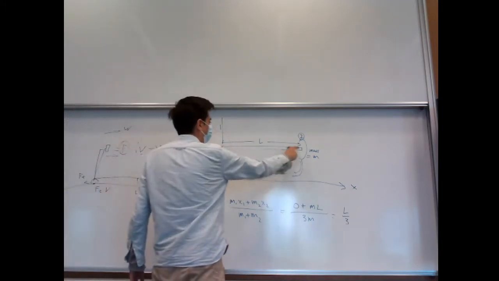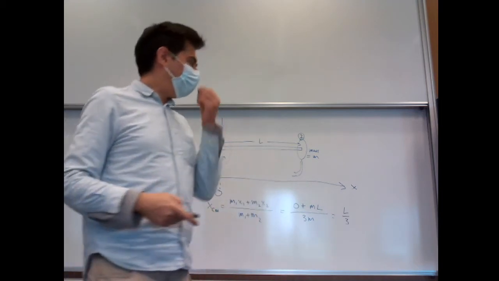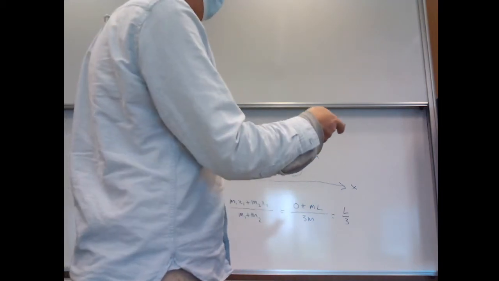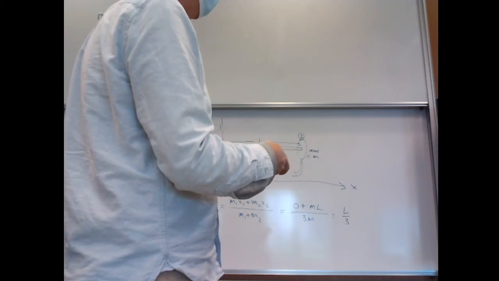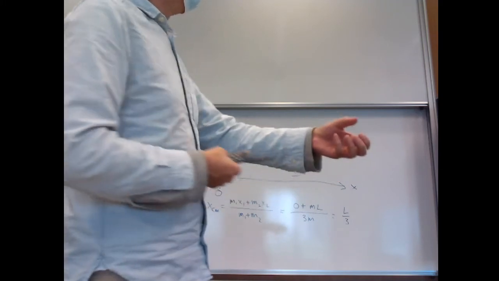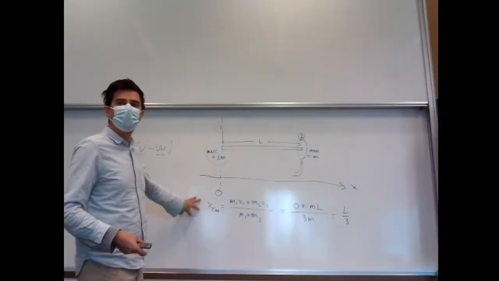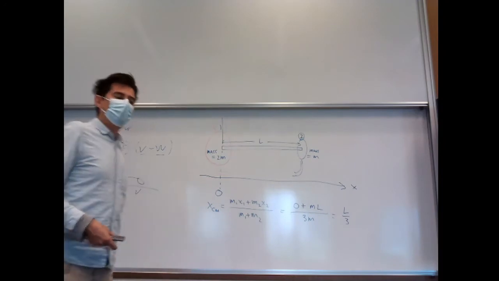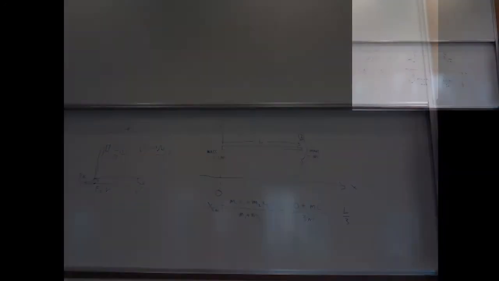So this pole, and the first question was, where do the skaters meet if Fred pulls hand over hand towards the pole so as to draw himself to Ethel? And I think previously we already worked out the position of the center of mass. So what do you think the answer of part A would be?